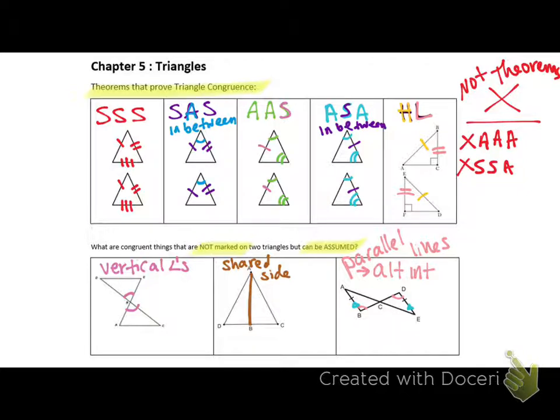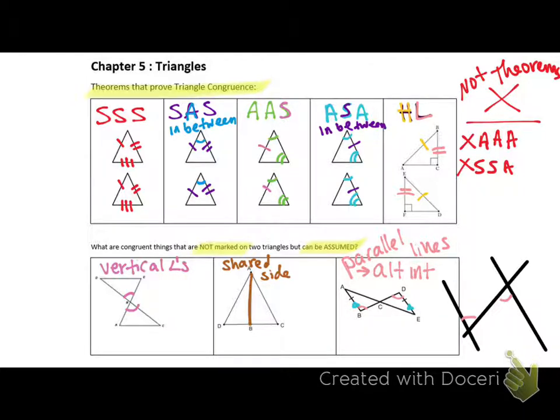It should have already been on there. So these lines would be parallel. I'll show you why they're alternate interior. They're inside the double lines and on opposite sides of BD. So that's why they're alternate interior, but only if the lines are parallel. Those are the things that we can mark. Otherwise, we can't just say, well, they look congruent, so I'm going to mark them congruent. This is it.